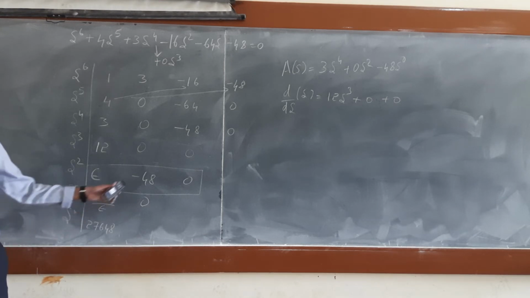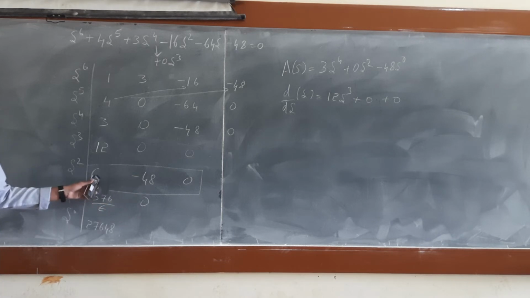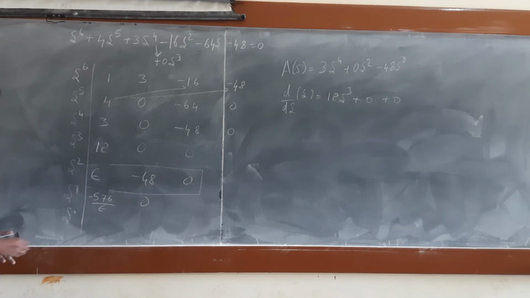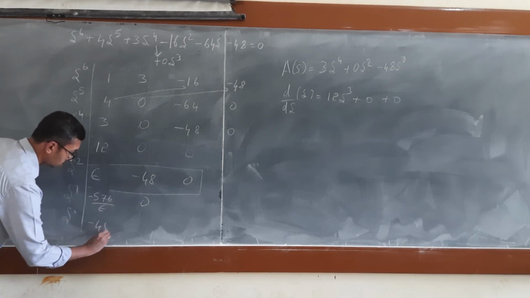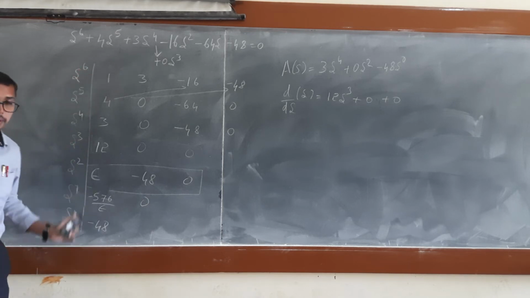So this element into this, minus this into this, divided by this. So there will be minus 48. Is it minus 48, right? Yes, sir. Okay, so now we have completed the array.